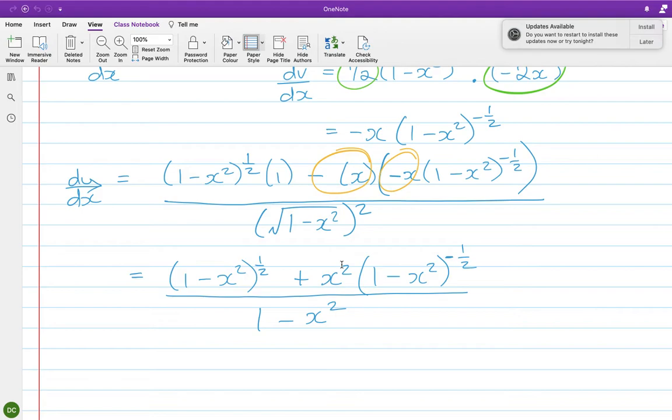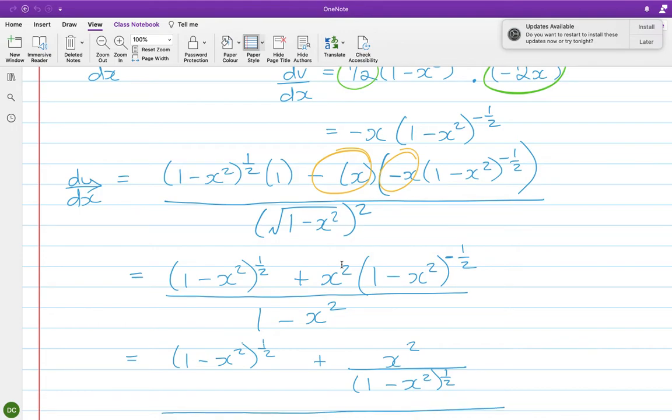So I have 1 minus x squared to the power of a half plus x squared over 1 minus x squared to the power of a half, just dealing with that negative indice, and that's all over 1 minus x squared.